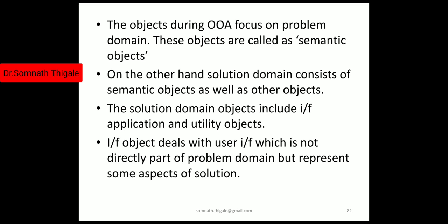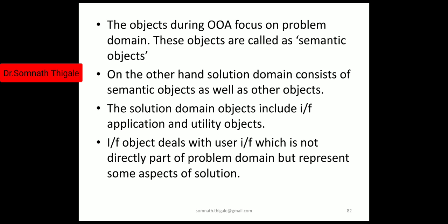Solution domain objects include information, application and utility objects, and the information and interchange objects deal with the user interface, which is not directly part of the problem domain but represents some aspects of the solution.